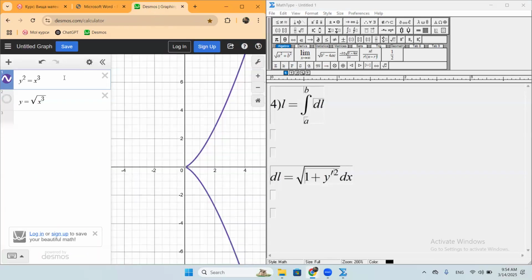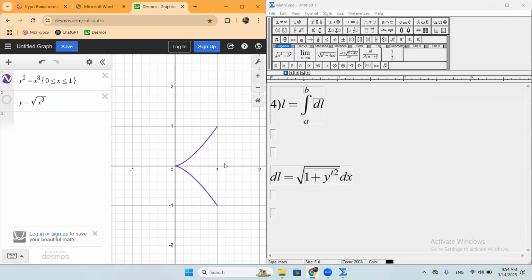So from 0 to 1 we have such a segment. But it will be enough for us to calculate the length of this segment and then just multiply by 2.